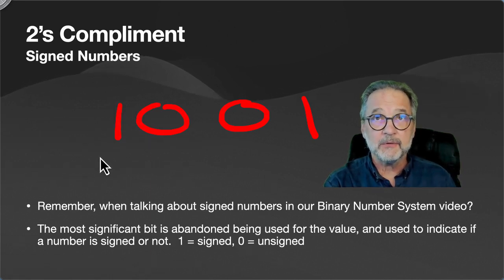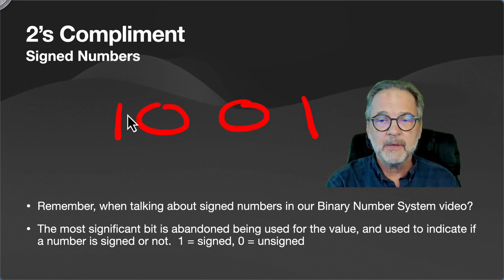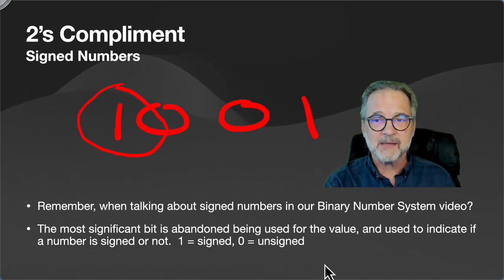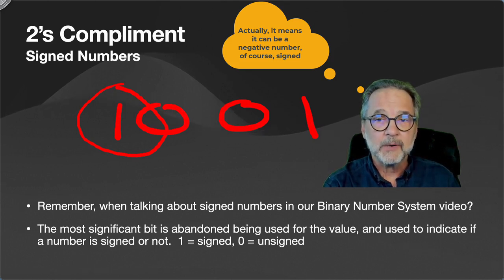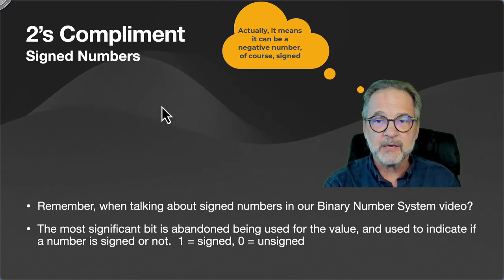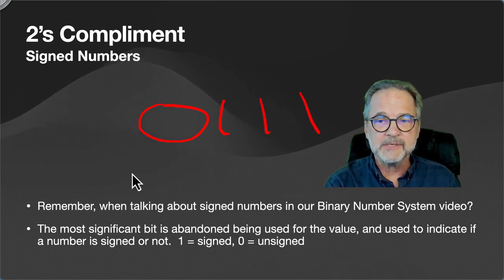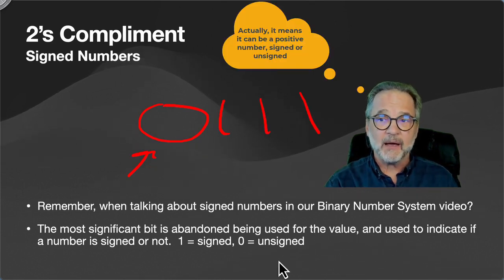Well, if you're looking at it as a signed number, this most significant bit, which is a 1, says it's signed. What about unsigned? In the video we talked about an unsigned number, the most significant bit would be a 0. So that's unsigned.